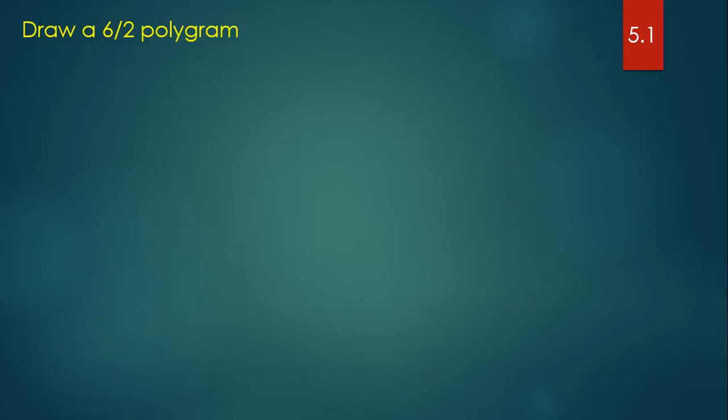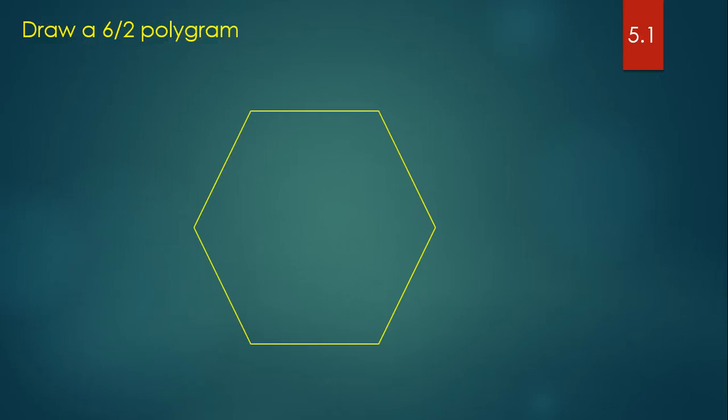So let's look at this. This is a 6-2 polygram we want to draw. We'll start with a 6-sided polygon, so we'll start with a hexagon. We'll pick a vertex to start at. I'm going to start with that one on the left again. We pick a direction to rotate. I'll go clockwise again. And we will count 1, 2 vertices to connect up the endpoints of our diagonal.